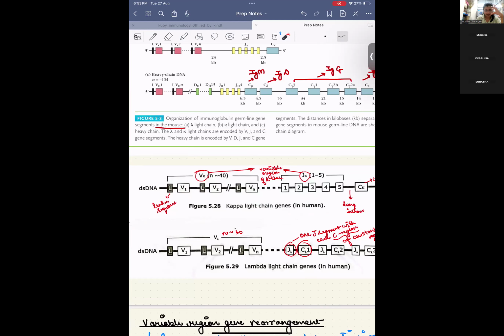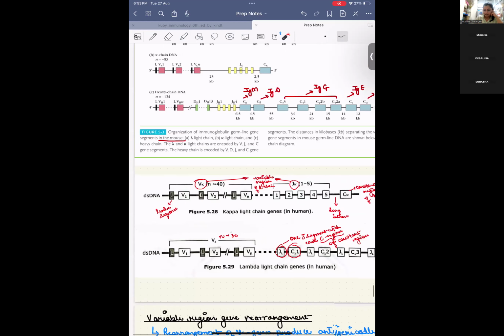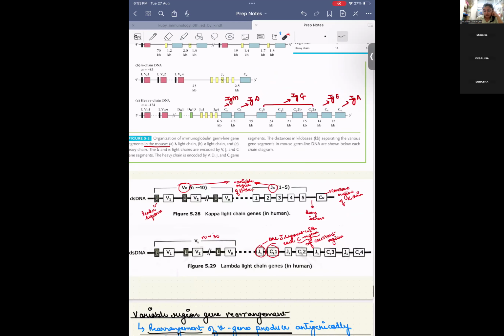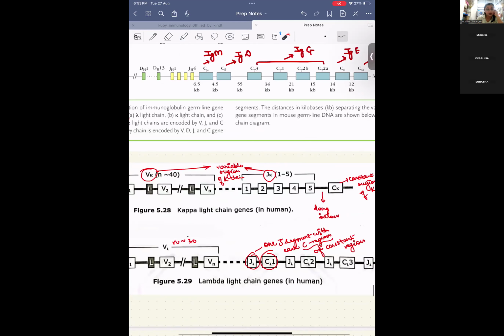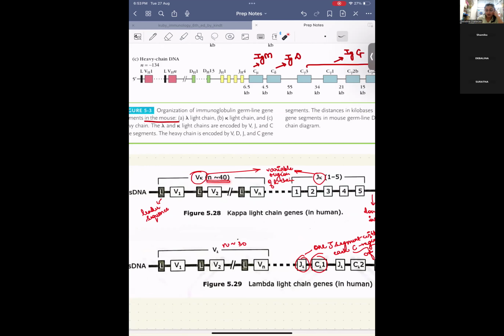We just said that we have a short stretch of nucleotides called the signal sequence or leader sequence present upstream of the variable region. For a kappa light chain, how many such V regions can there be? In humans, it's somewhere around 40. So you can have V1, V2, V3, V4, V5 and so on until V40, arranged in this linear fashion, each having its leader sequence, right?